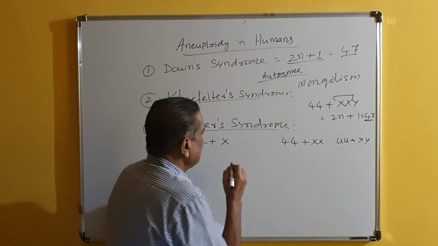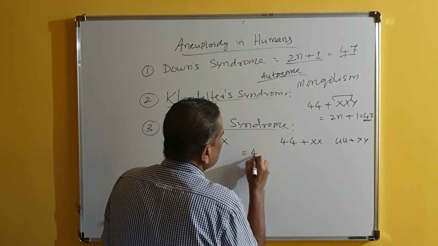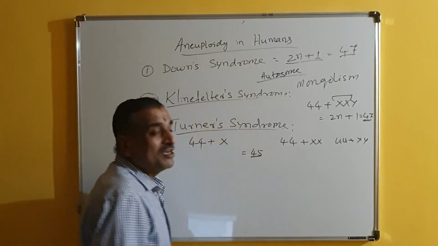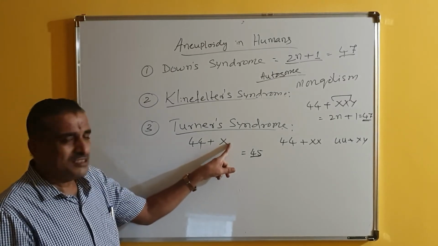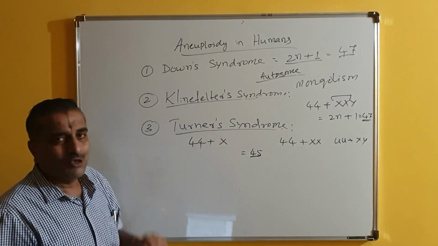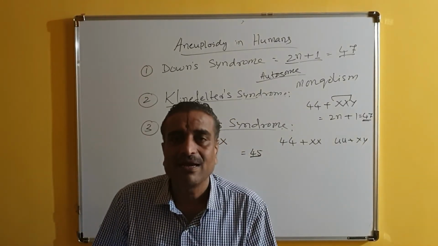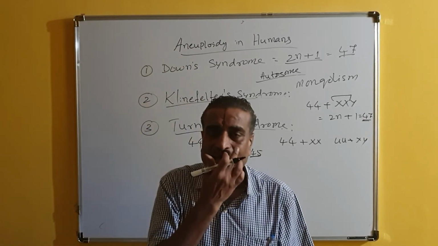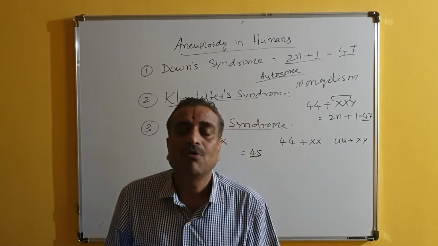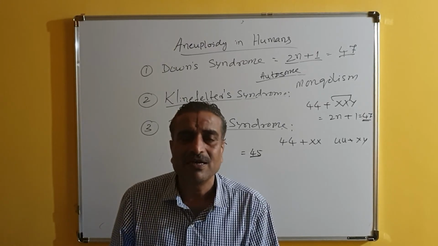The total number of chromosomes is 45. One chromosome is totally missing. It is XO, where O means 0, so only one X chromosome is there. This person looks like a female, but internally the ovary and other organs do not develop.